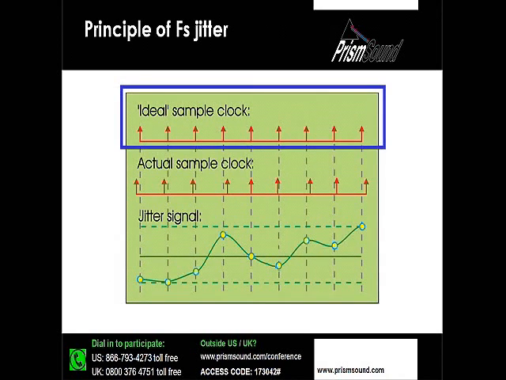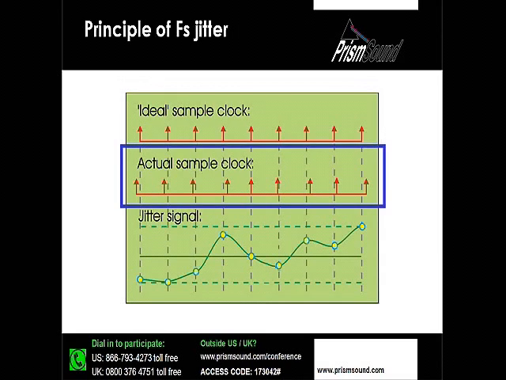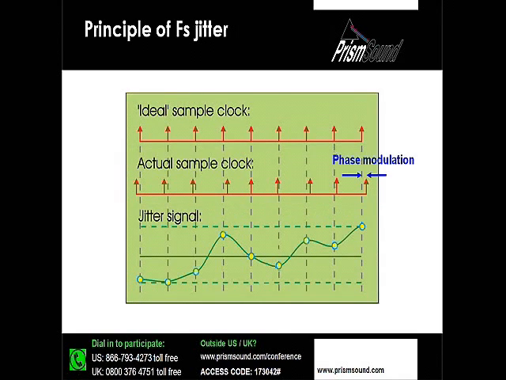An ideal sample clock runs exactly and precisely at the same time it clocks off. But in the real world, an actual sample clock will be varying around that specified clock frequency. And that particular bit of change that occurs in real time is phase modulation, known as jitter.